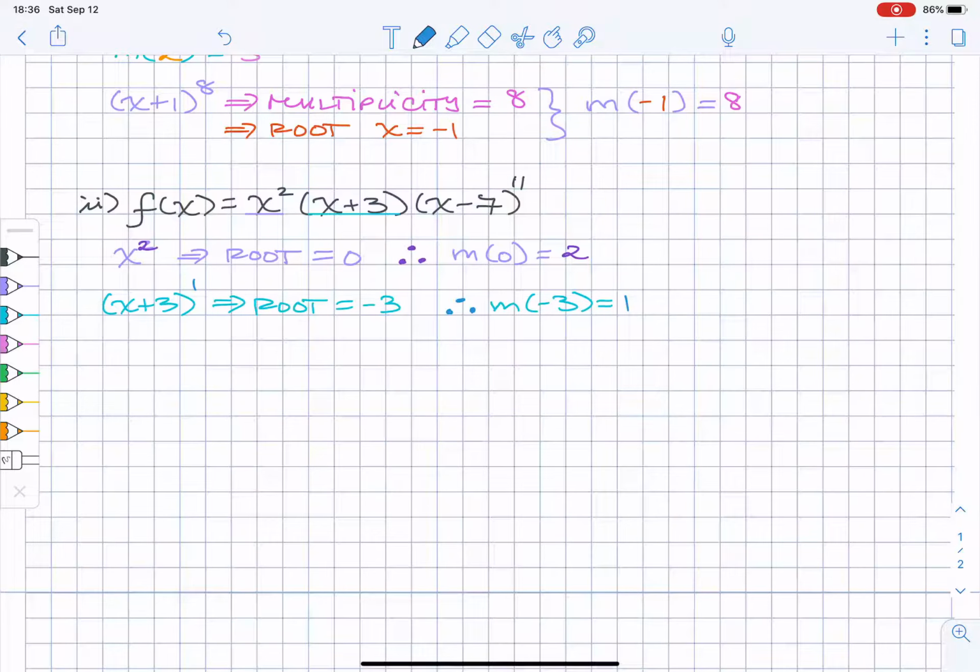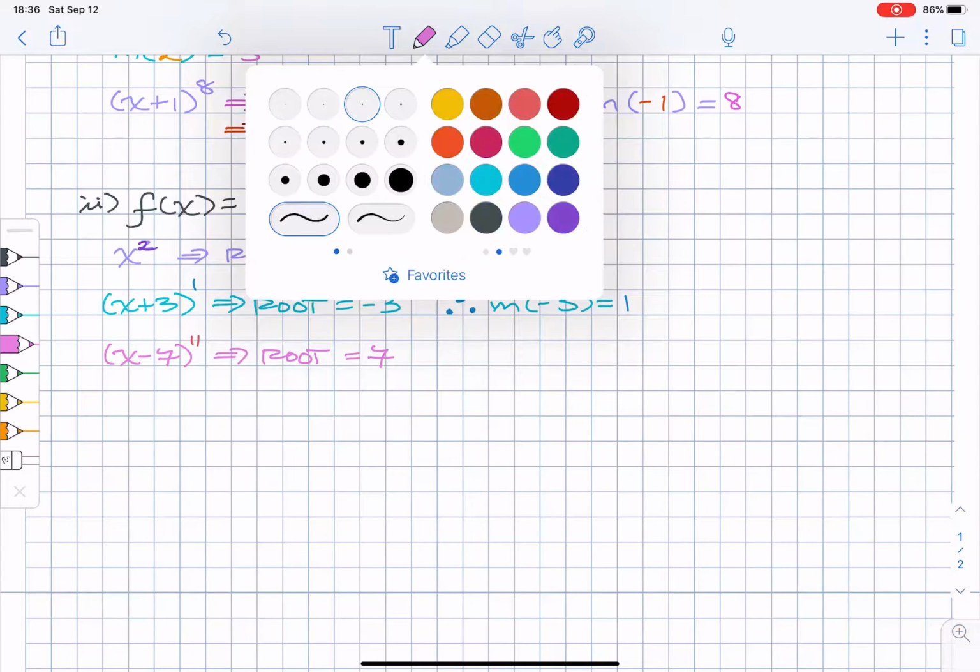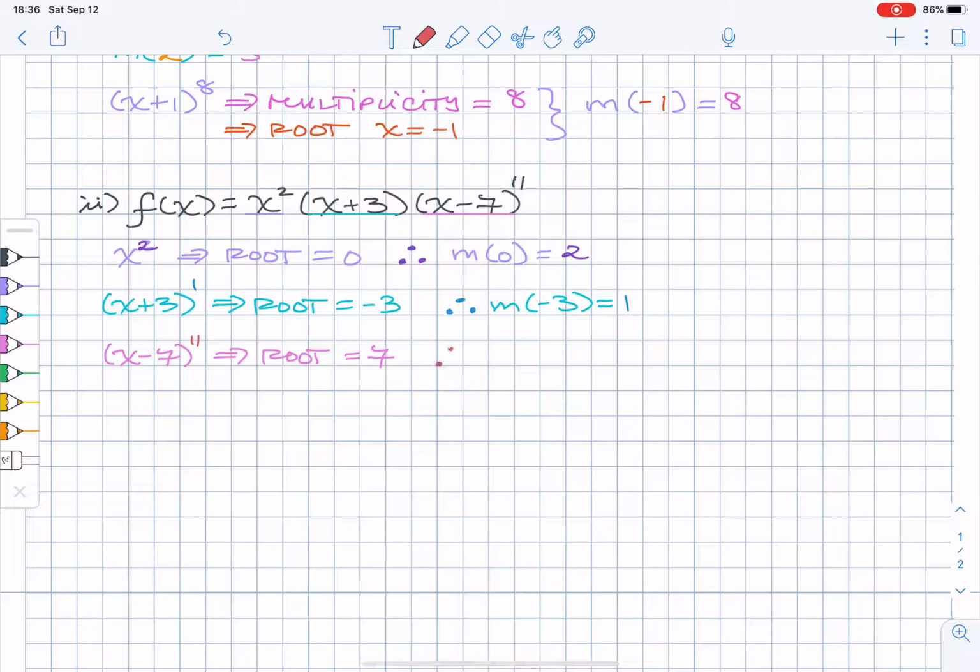Now let's look at the factor x minus 7 to the 11th power. So this implies that the root is going to be 7, because 7 minus 7 is 0. So therefore, the multiplicity of the root 7 is the power on that factor, and the power is 11.